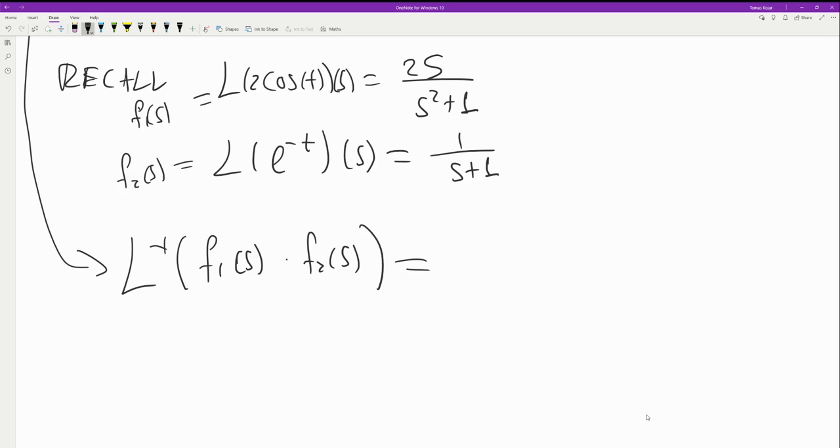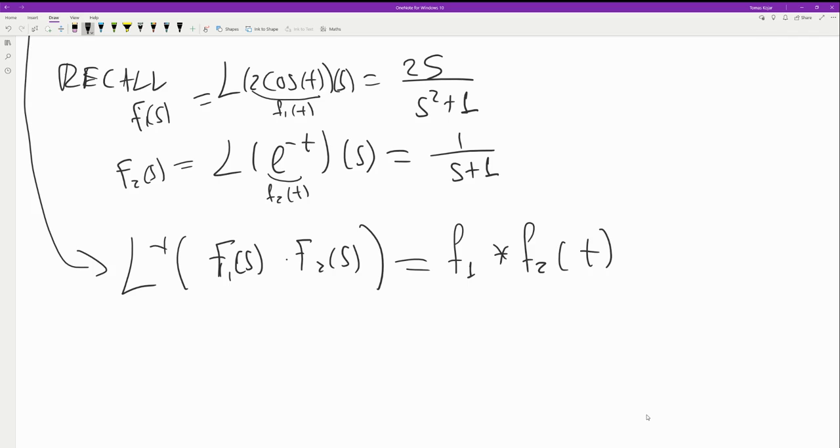So actually, let me write it as capital F, and I'll write this as small f. Then it will be the convolution of the small f's.